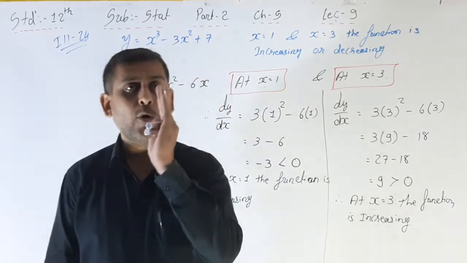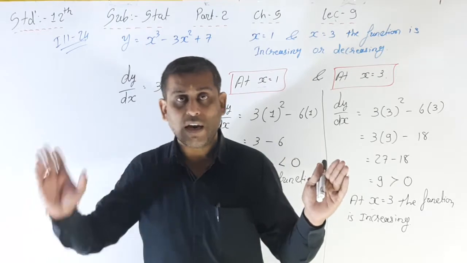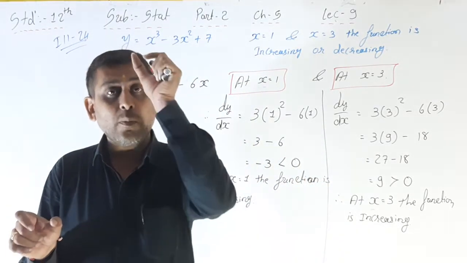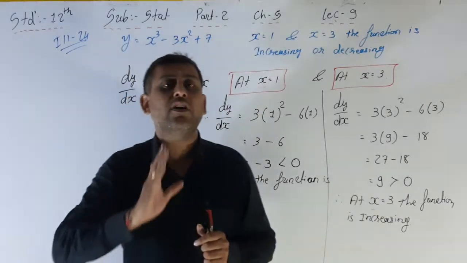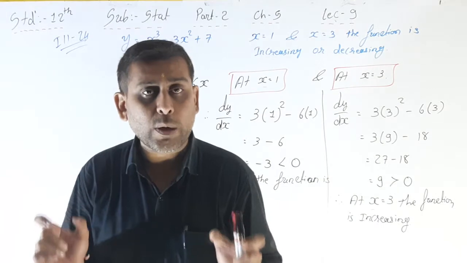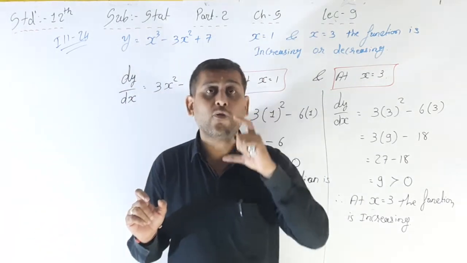Here the middle point is the maximum. The values f of a minus h and f of a plus h are both less than f of a.